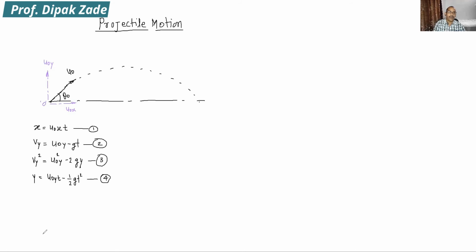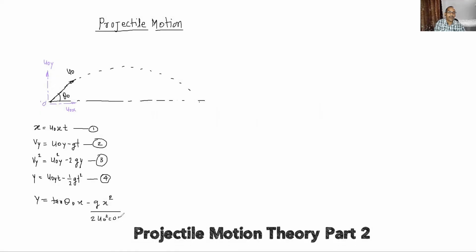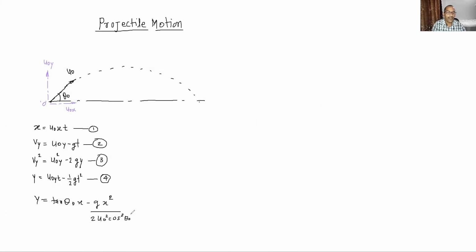The formula comes out to be y equals tan theta 0 x minus g x square upon 2 u0 square cos square theta 0, where u0 represents the initial velocity of projection, theta 0 is the angle of projection, and projectile motion is a motion in which a particle is subjected to acceleration due to gravity.